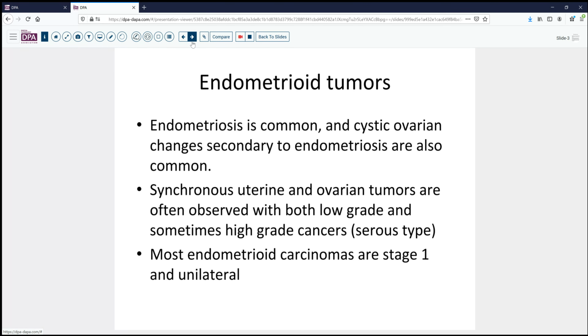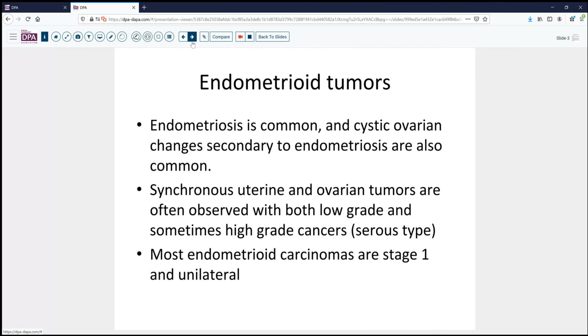So let's just start to think about why we would see this. Endometriosis is really quite common, as are the cystic changes with endometriosis in the ovary. The other thing that can happen is that we can have synchronous uterine and ovarian tumors, with both low and sometimes high-grade cancers in each or both.